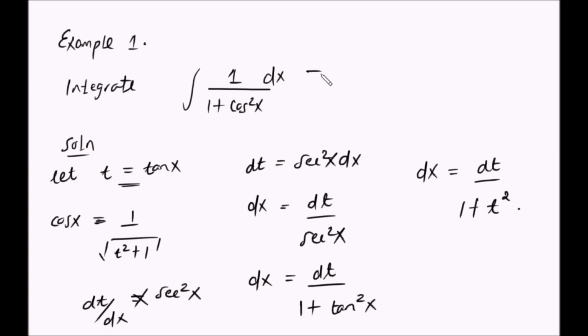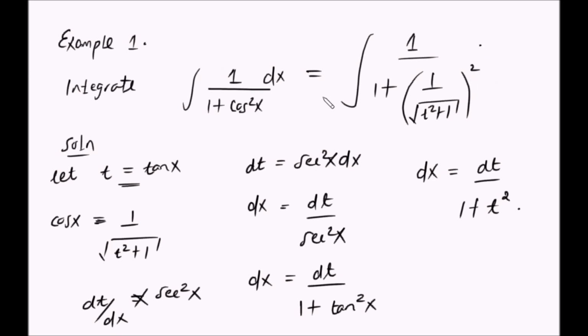Sasa tutakapo solve huyu sasa itakuwa hivi, itakuwa ni 1 over 1. So badala ya cos x now tunamweka huyu 1 over the square root of t squared plus 1. So ni cos squared x, kwa hiyo ni hivi times dx. Dx sasa tunaweka huyu inakuwa ni dt over 1 plus t squared.